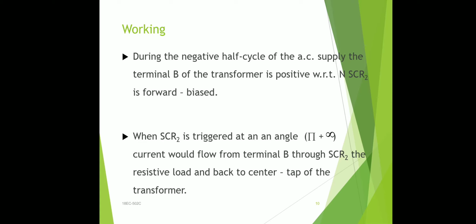Current would flow from terminal B through SCR2, through the resistive load, and back to the center tap of the transformer, the bottom loop in the circuit. For the positive half cycle, the closed path is the upper loop of the circuit, and for this negative half cycle, the current flow is in the bottom loop closed path.